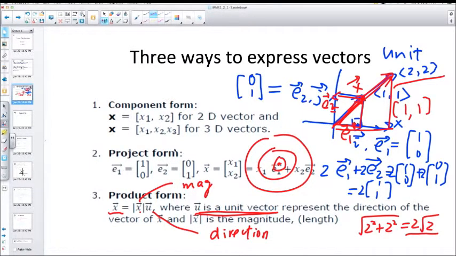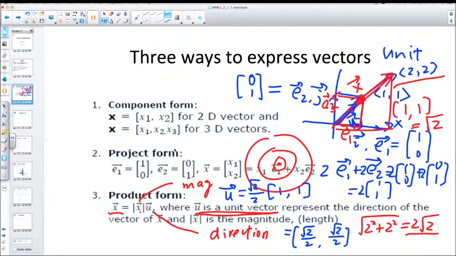The answer is no. The length is square root of 2. But they share the same direction, right? And then I would like to find this vector, which I call u. In this case, u equals square root of 2 over 2 times (1, 1), or you can write it as (square root of 2 over 2, square root of 2 over 2). That's a unit vector. And if you calculate the length, it's 1.